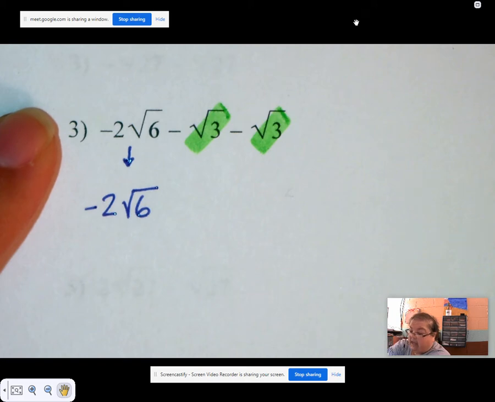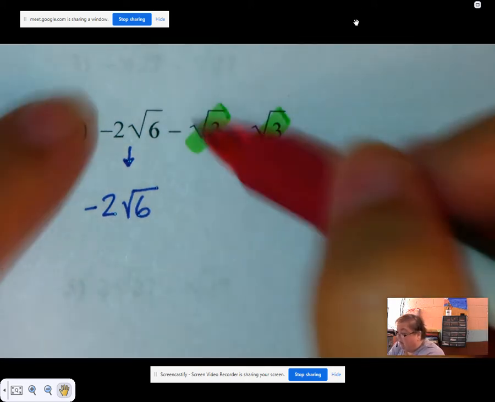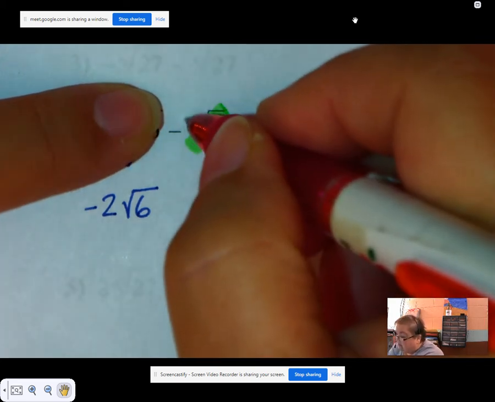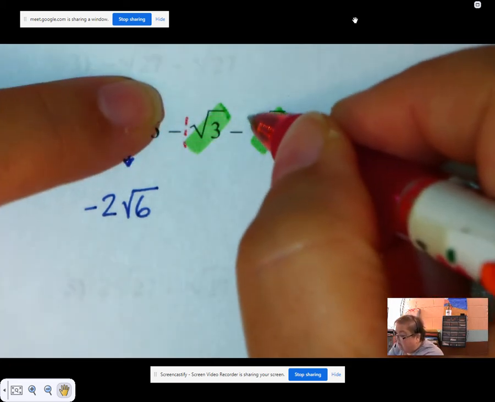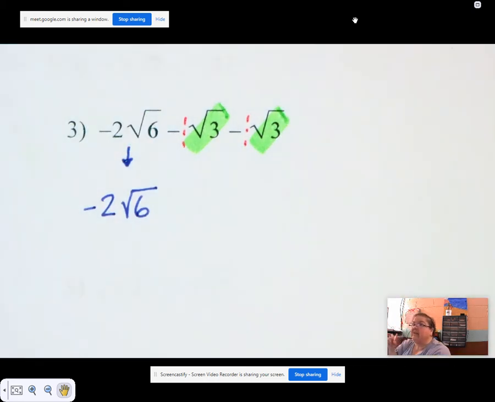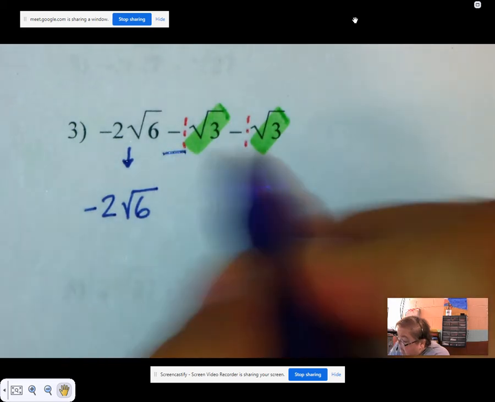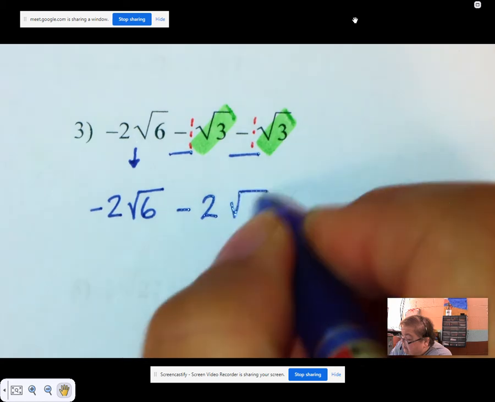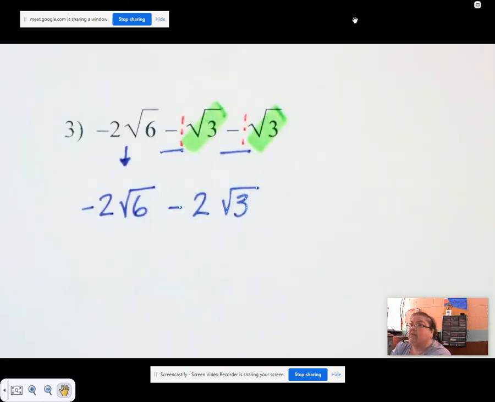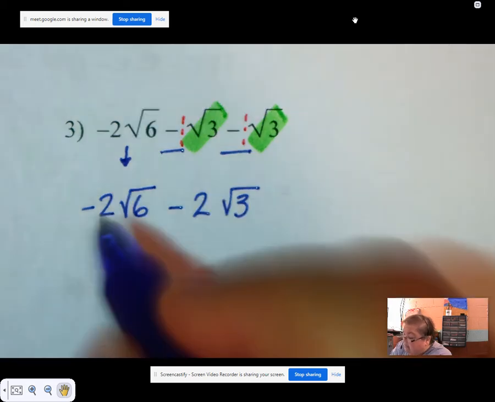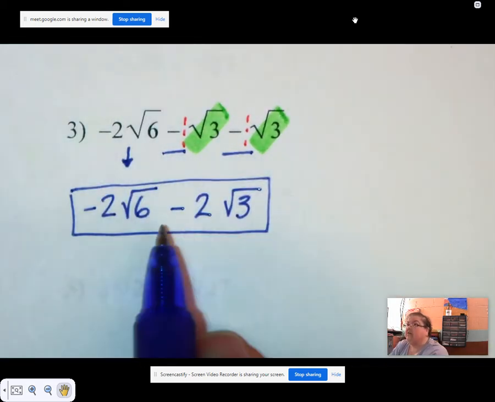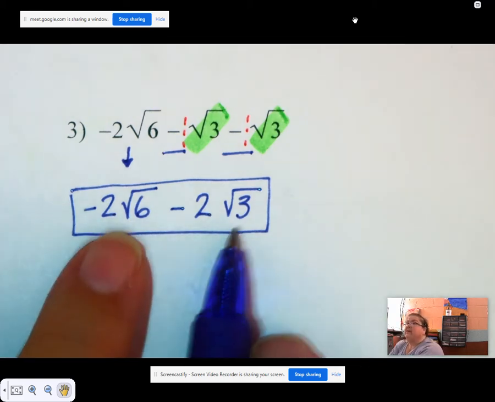And then I look at the other one. Now this is negative, what number goes here? That invisible 1. So don't forget that that is there. Those are the coefficients. So now I have negative 1 minus 1, and I get negative 2, keep the radical. And this is the final answer. I cannot combine these two here because they're not the same.